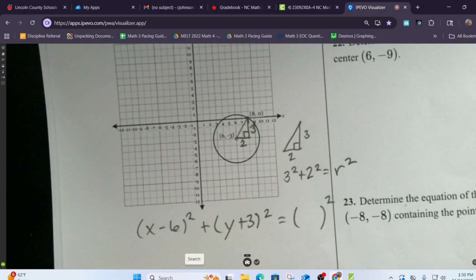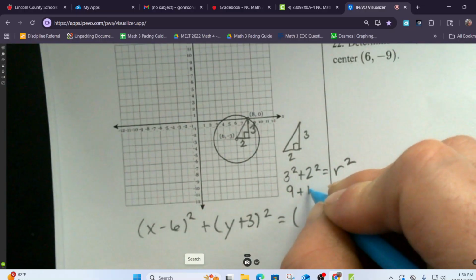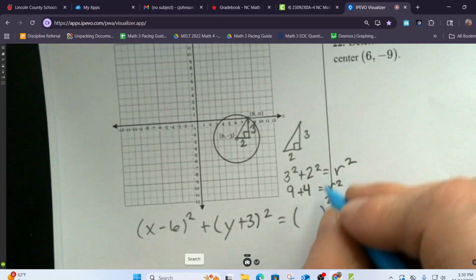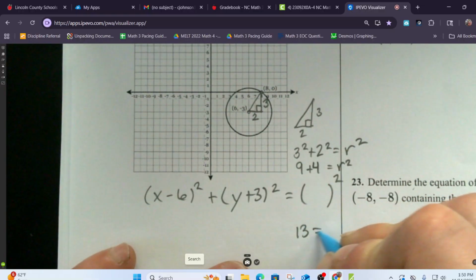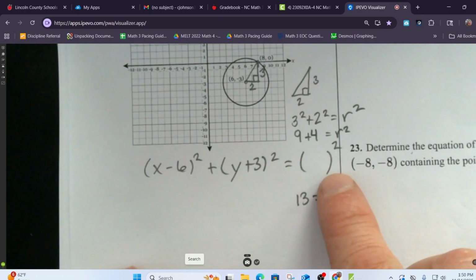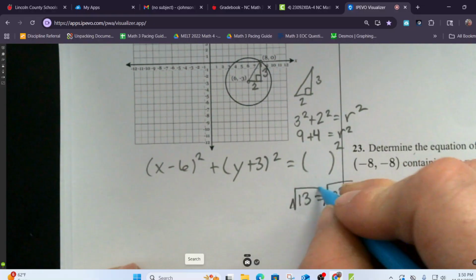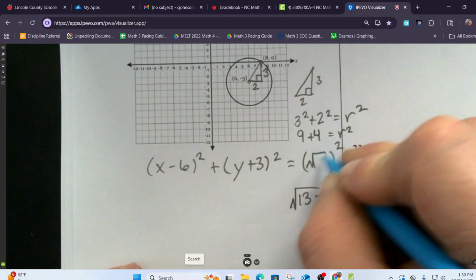So bringing this down here, 9 plus 4 is 13 equals r squared. If this is r squared, then my radius is the square root of 13.